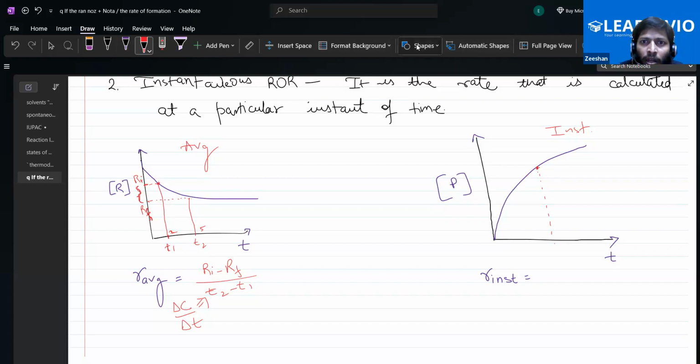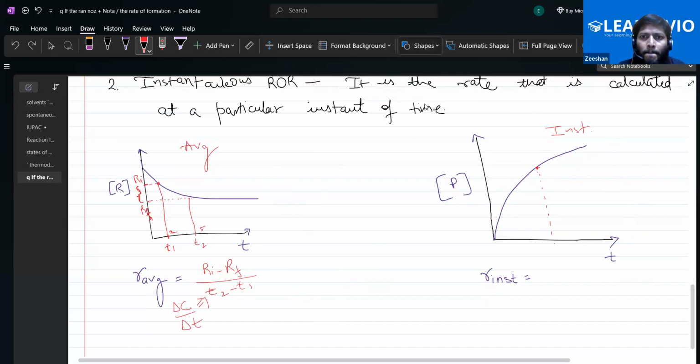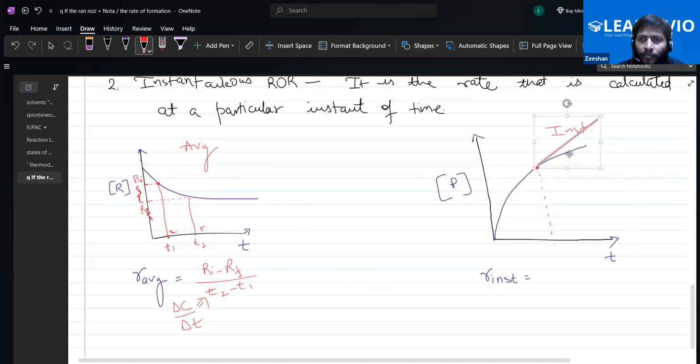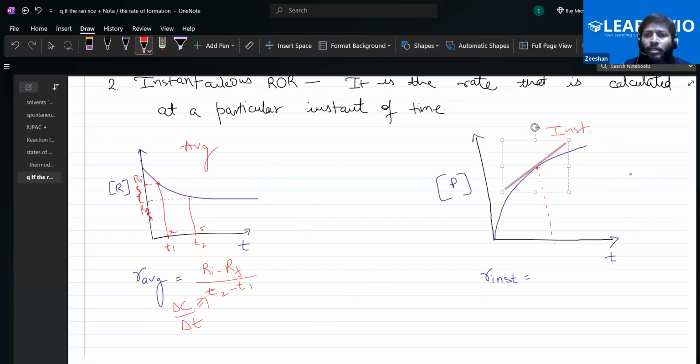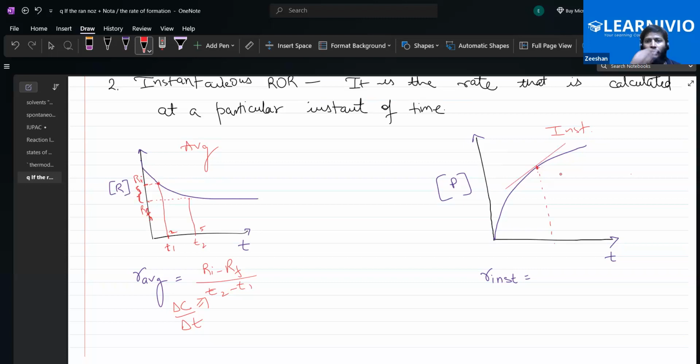I have to draw a line actually. At this point, you have to see that this is a tangent which is touching this point on the graph.